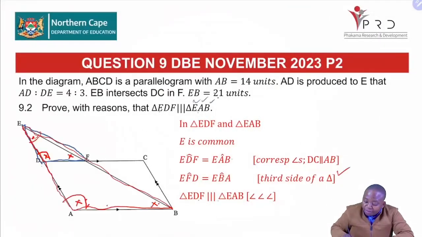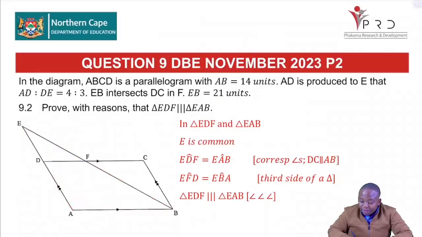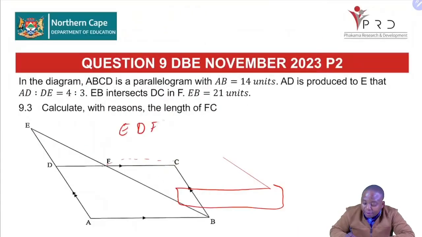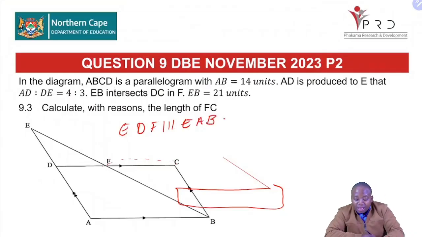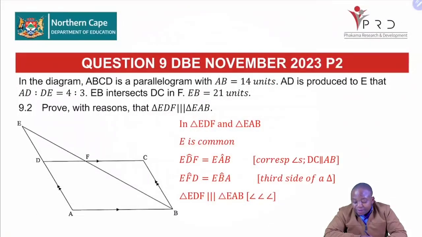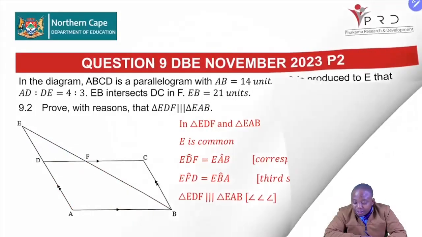So the triangles are EDF and EAB. Now, how do we work with similarity here? Let's continue to proceed.